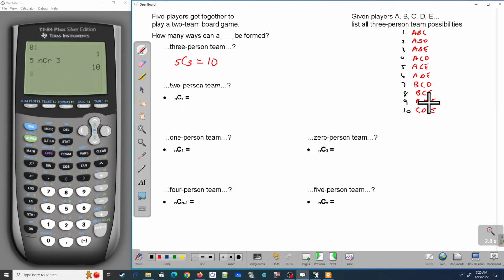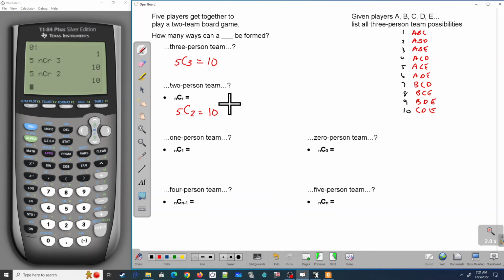Well, here's where it gets a little interesting. If I ask you how many 2-person teams there are, and I would have gone 5C2, so let's just go up here, let's change the 3 to a 2, you will notice I also get 10. How is that?